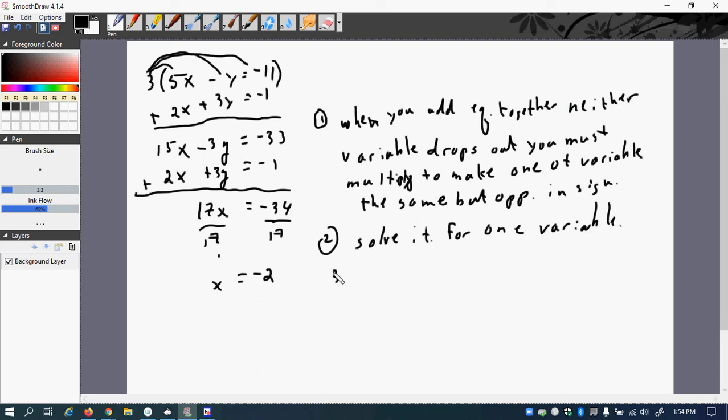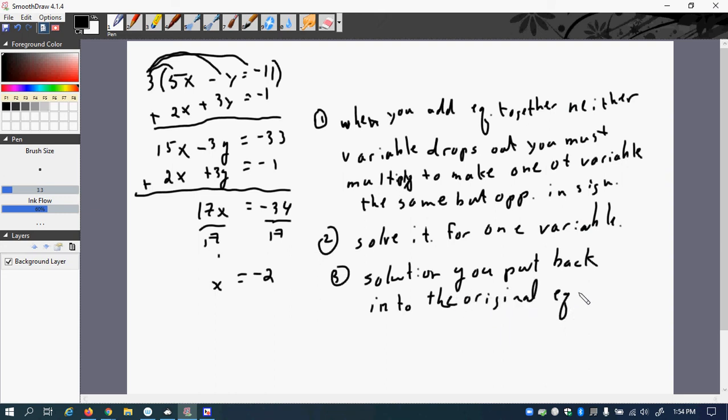And now my third step, which I'm doing next, is that the solution you put back into the original equations.